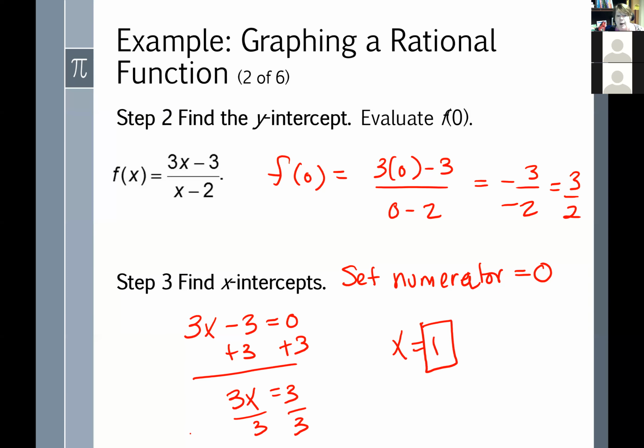Now I do need to pause and make sure that that is not a restriction on the domain of this function, and it looks like the restriction on the domain is 2, not 1. So I think we're okay that that's the x-intercept. You do need to make sure your x-intercept is not a restriction on the domain of your function, that it's not a vertical asymptote or a hole in the graph.